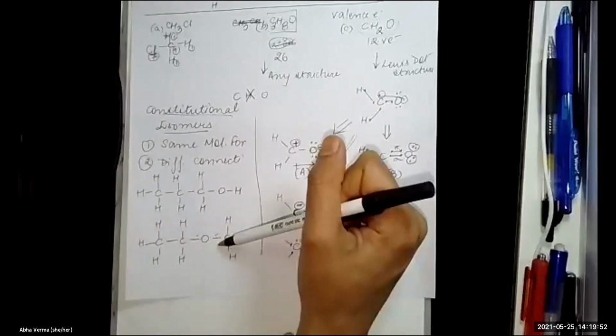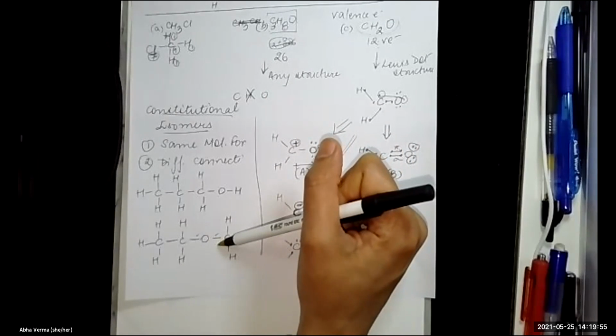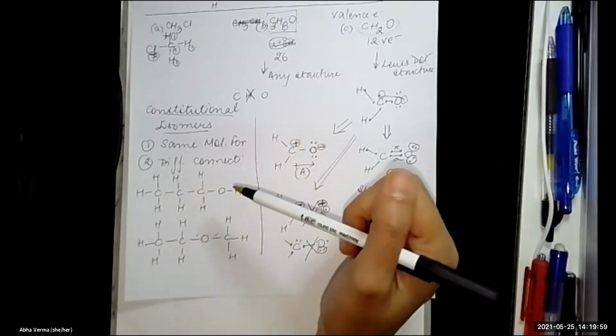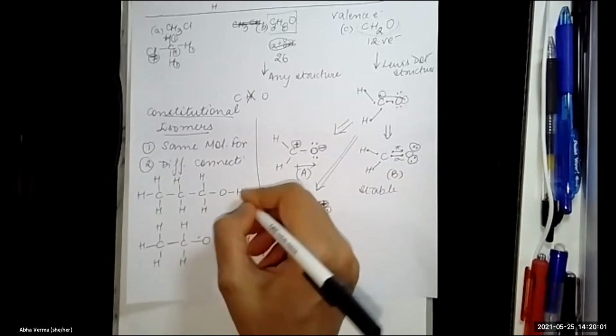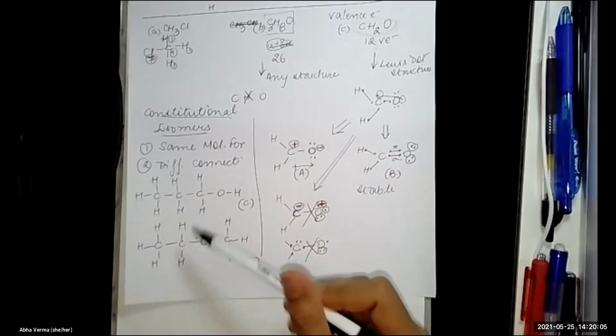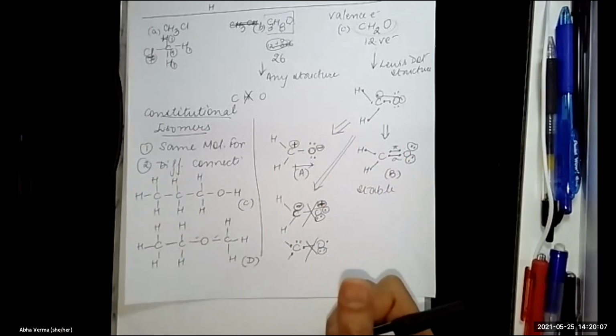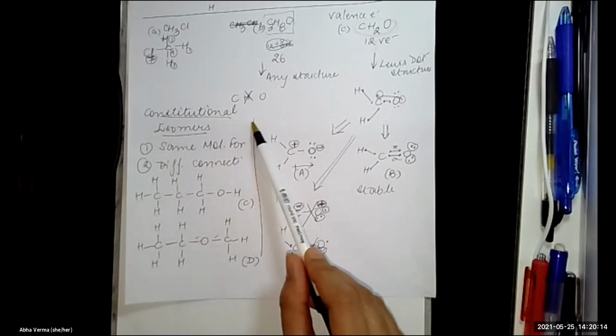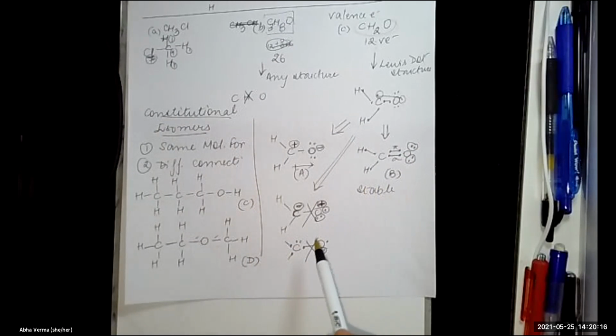Is the molecular formula exactly the same? Yes. But is the connectivity exactly the same? No. So this structure C and this structure D, even though they have the same molecular formula, have different connectivity. And hence we call them constitutional isomers or connectivity isomers.